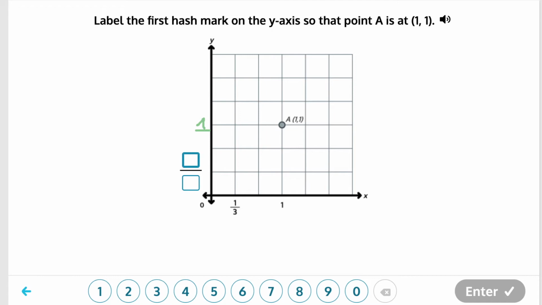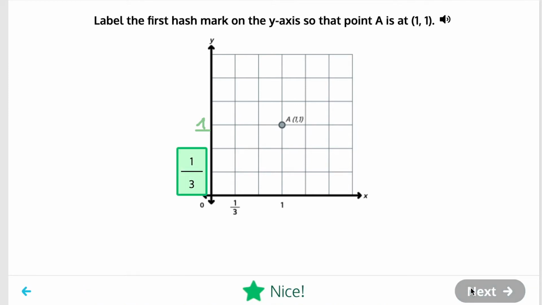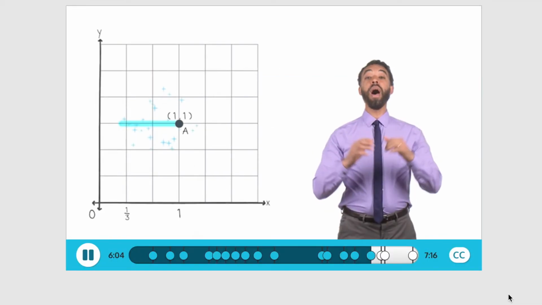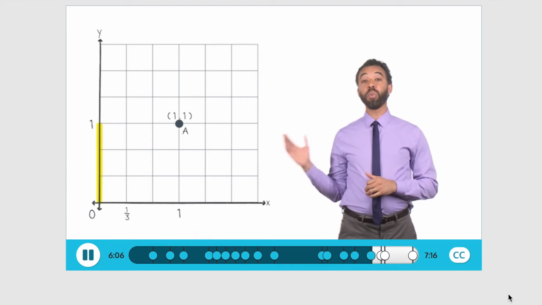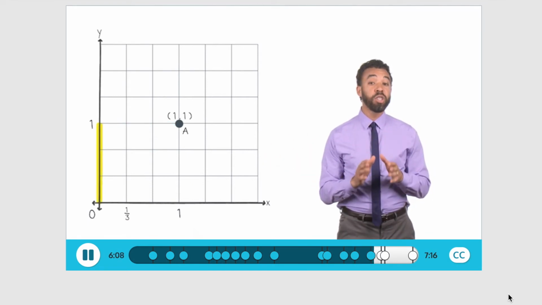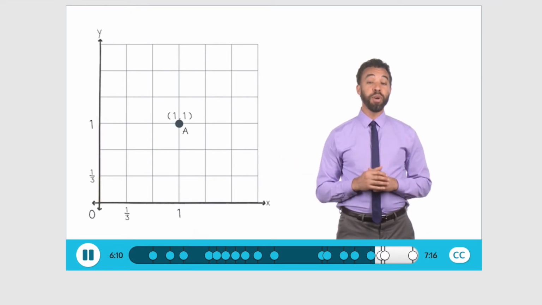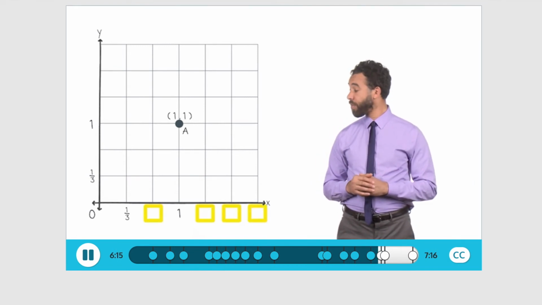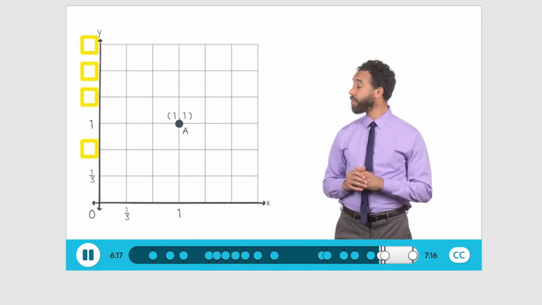So that first tick mark will be 1/3. The y-coordinate is 1. There are 3 square grid lengths between the origin and 1, so this is 1/3.